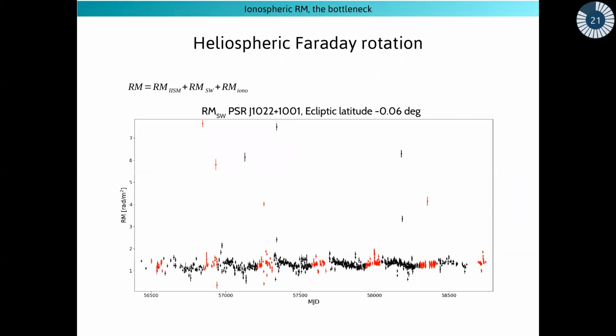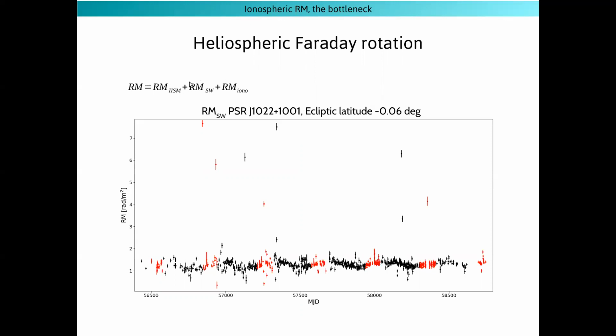I haven't mentioned until now works on Faraday rotation. The rotation measure that we can determine from a pulsar observation is given by three components: the interstellar medium, the solar wind, and the ionosphere.